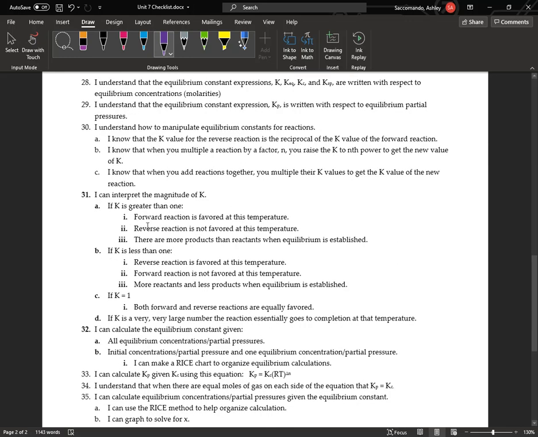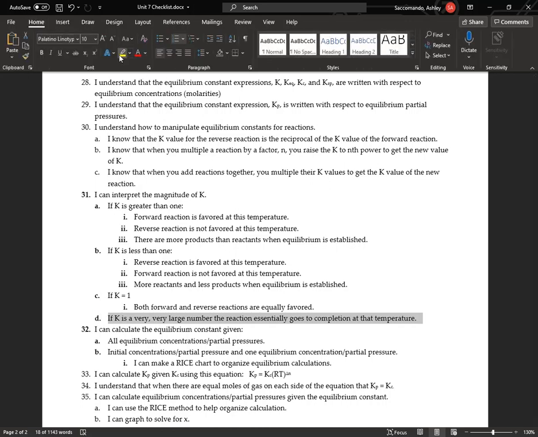And let's see here. This is a very important point right here. I was trying to highlight it. Anyways, this one right here is a very, very important thing to focus on. What does that say? If K is very, very large, the reaction essentially goes to completion at that temperature.